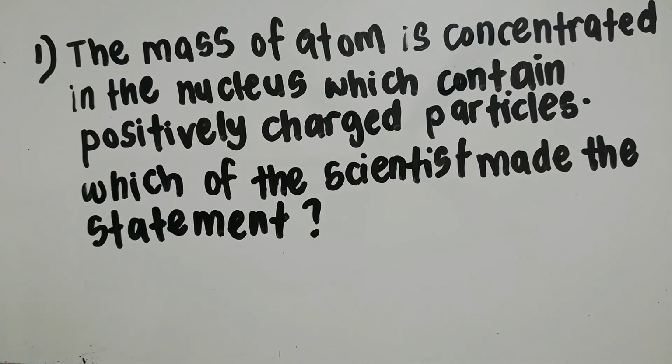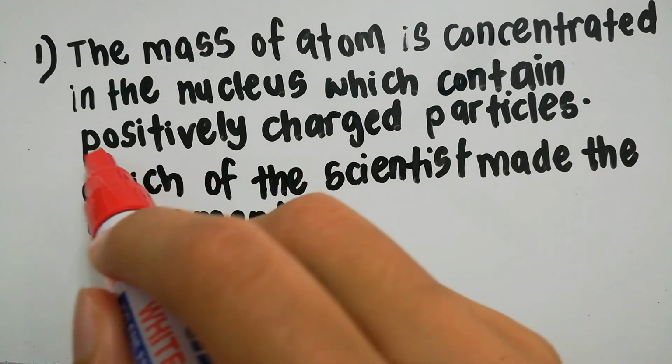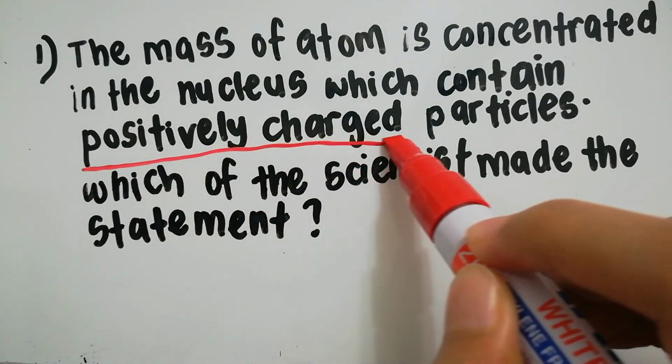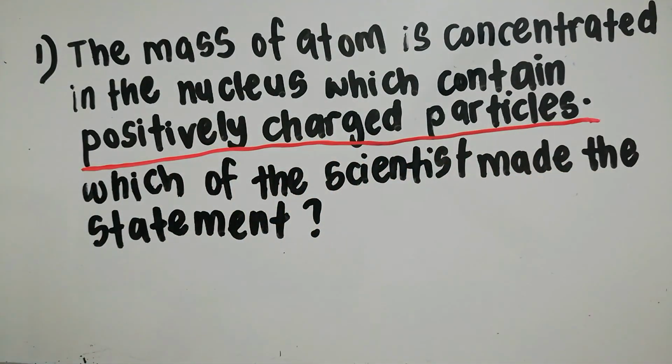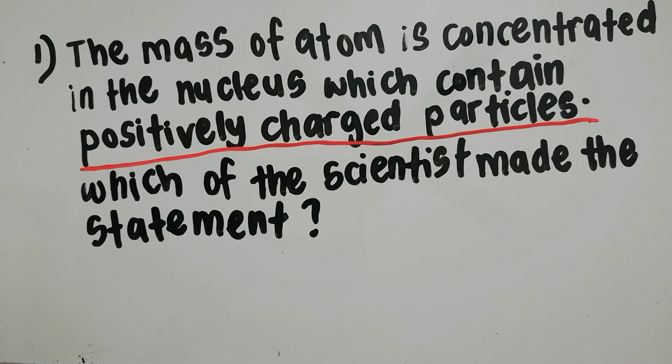This is an example from a past year question. It gives a statement about an atom: the mass of the atom is concentrated in the nucleus, which contains positively charged particles. Which of the scientists made the statement? We should find the keyword first. So I think we found it here: positively charged particles. You know who the scientist is?